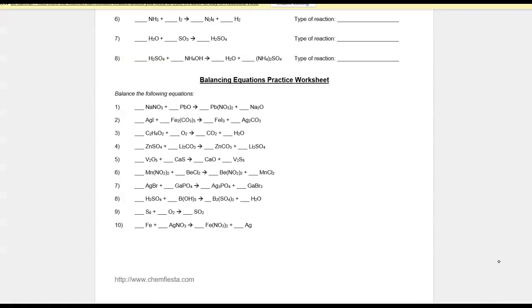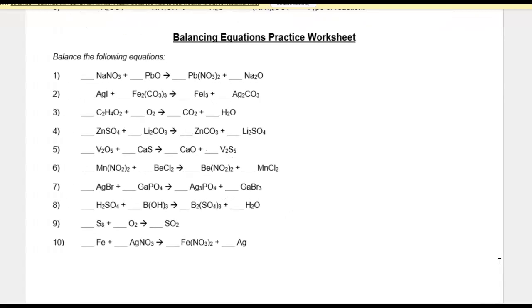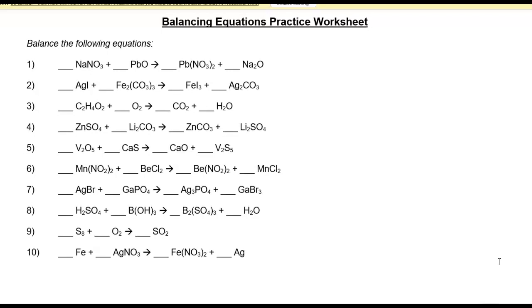Let's see if I can pull up a worksheet here, and maybe we can look at some of these. Let's take a look at a very simple one like number 9 here. Nope, I guess I can't write on it. But if you take a look here, we have S8 and O2.